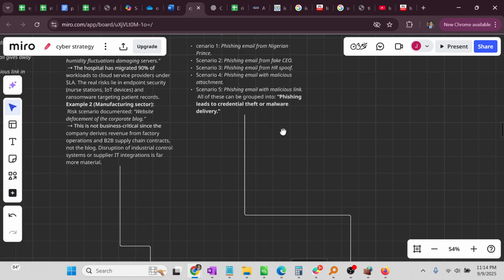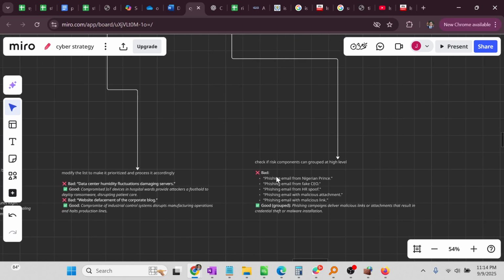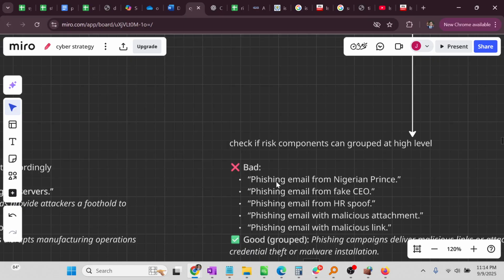Too many scenarios, this is another problem that we're facing. And I think this is one area that can be a bit tricky. The way I see it is that it can arise from too many components in a risk scenario, or the components are too detailed. So here is how you can do this.